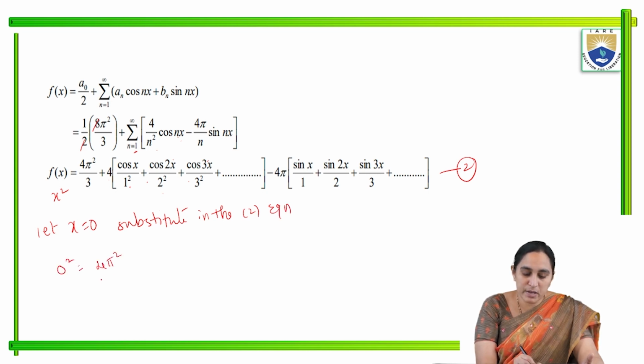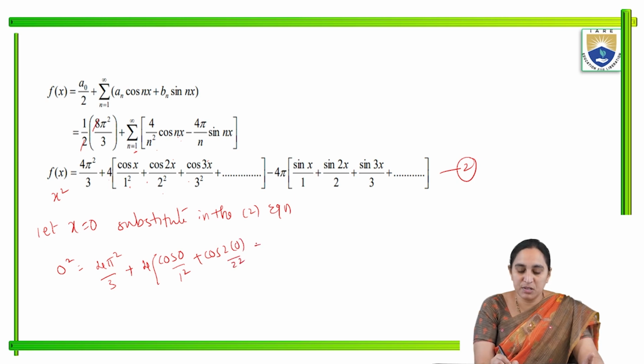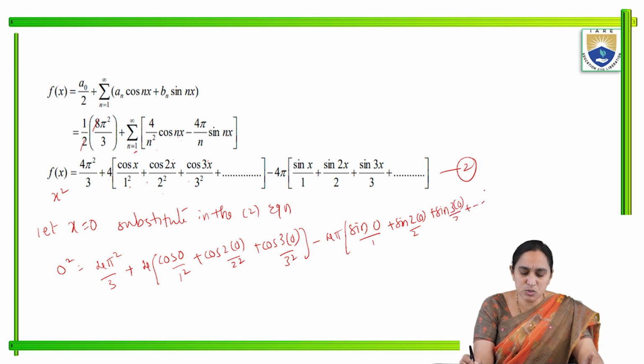4 pi square by 3 plus 4 into cos 0 by 1 square plus cos of 2 of 0 by 2 square plus cos of 3 of 0 by 3 square minus 4 pi into sine of 0 by 1 plus sine 2 of 0 by 2 plus sine 3 of 0 by 3 and so on.